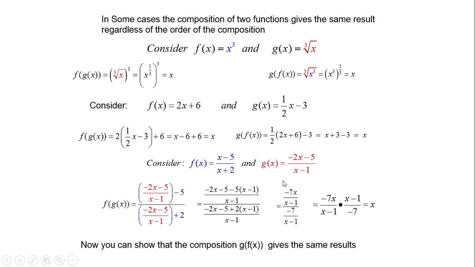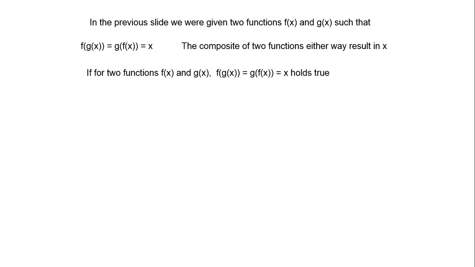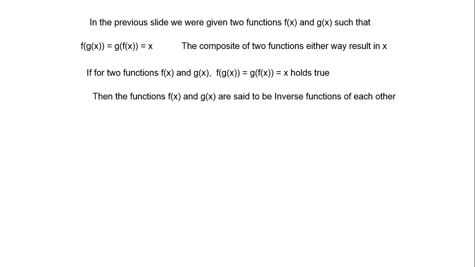So that gives rise to a peculiar nature, and that is of course the peculiar nature of the inverse functions, which we're going to start talking about. So as we saw, given two functions, if the composition of the functions either way results in the same thing, and the same thing yielding x, then we're making the claim that those two functions, f and g, are in fact what we call inverse functions of each other.